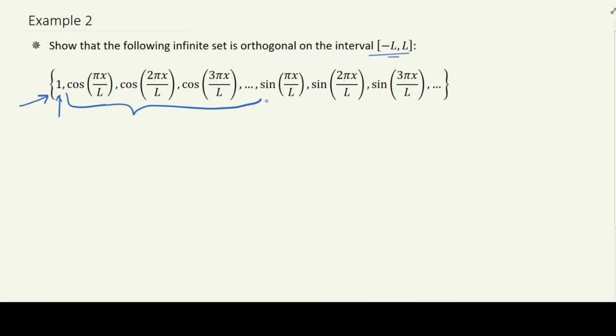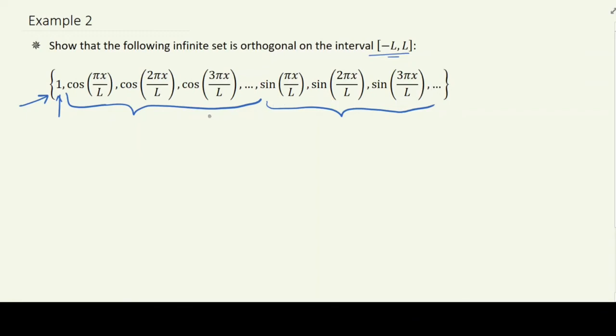And then we have another set of functions with infinite members: sine of pi x over L, sine 2 pi x over L, sine 3 pi x over L, and so on and so forth.